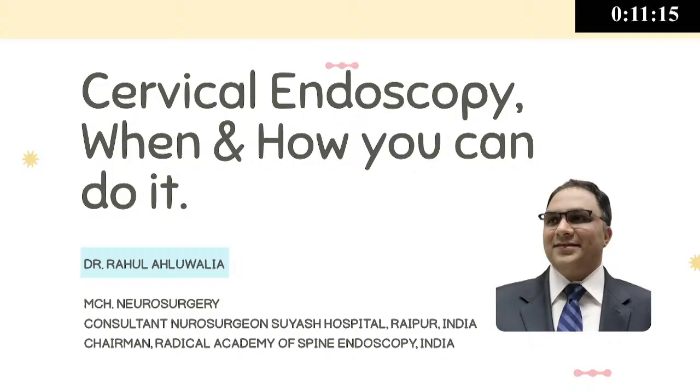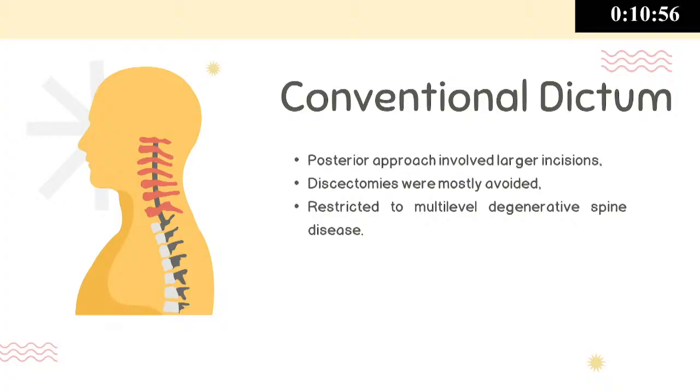But for cervical, even the experts today still believe that the case should be very thoroughly selected. It should be a lateral disc herniation, that is lateral to the edge of the dura, and some small osteophytes can also be dealt with if they are lateral. Any central herniation still requires an anterior approach. So cervical endoscopy has a very limited spectrum right now.